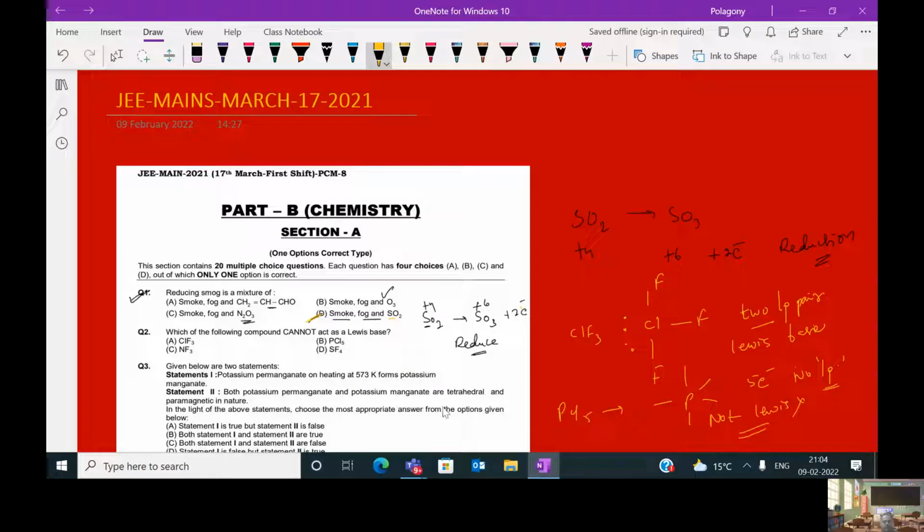In NF3, nitrogen makes 3 bonds with fluorine, and 1 lone pair is present. It can act as a Lewis base.